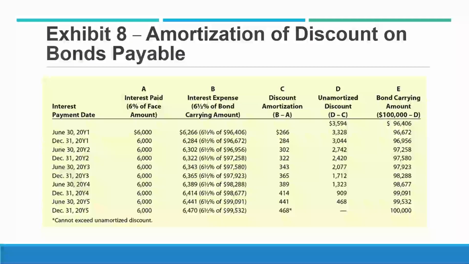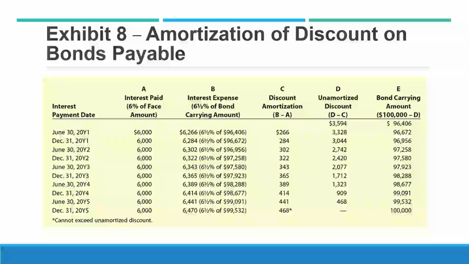The unamortized discount slowly decreases to 0, and the carrying value rises to $100,000.